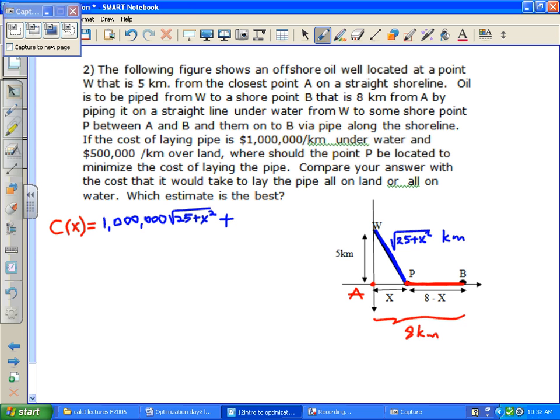So you decide that this distance will be x. Then what will be the remaining distance, the part that you go above the ground? That's 8 minus x. And what is the price of laying cable over that red line? 500,000. That's cheaper. So 500,000 times the distance in red, which is 8 minus x. The remaining way is going to be laid over the ground.